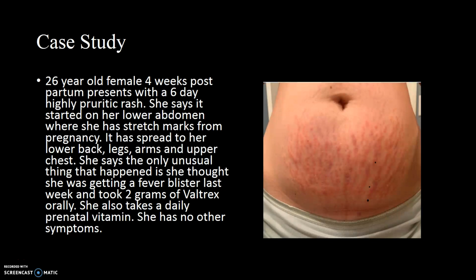The only thing she can think of that was unusual for her is that she thought she was getting a fever blister last week, so she took 2 grams of Valtrex orally. She also takes a daily prenatal vitamin, and she says she has no other symptoms. If you look within your PowerPoint, I gave you her past medical history, her HPI, and her vital signs.